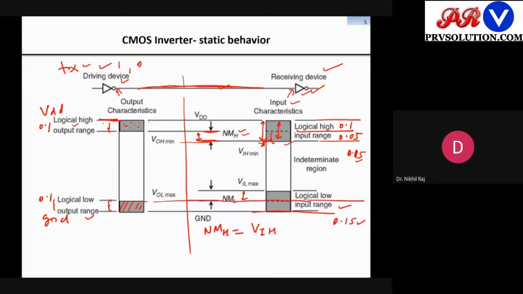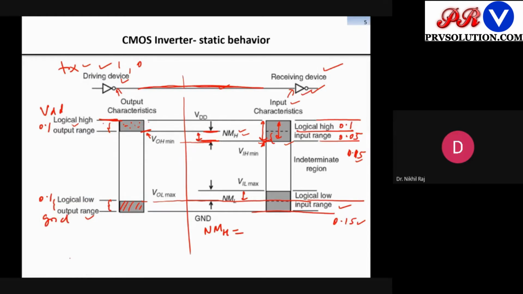And what is this level? This level is called, let's say, VOH, the weak one. So VOH minus VIH, that will be the definition of your high noise margin.